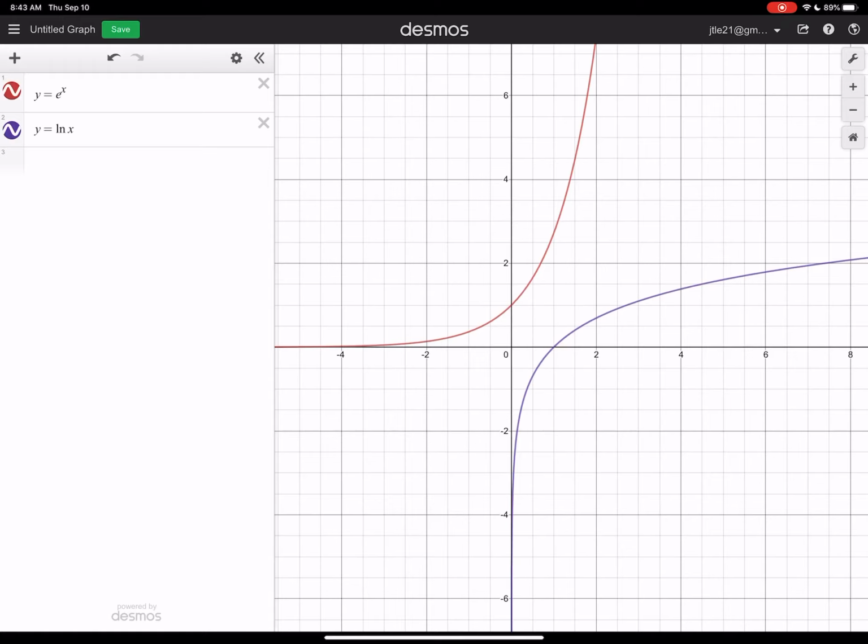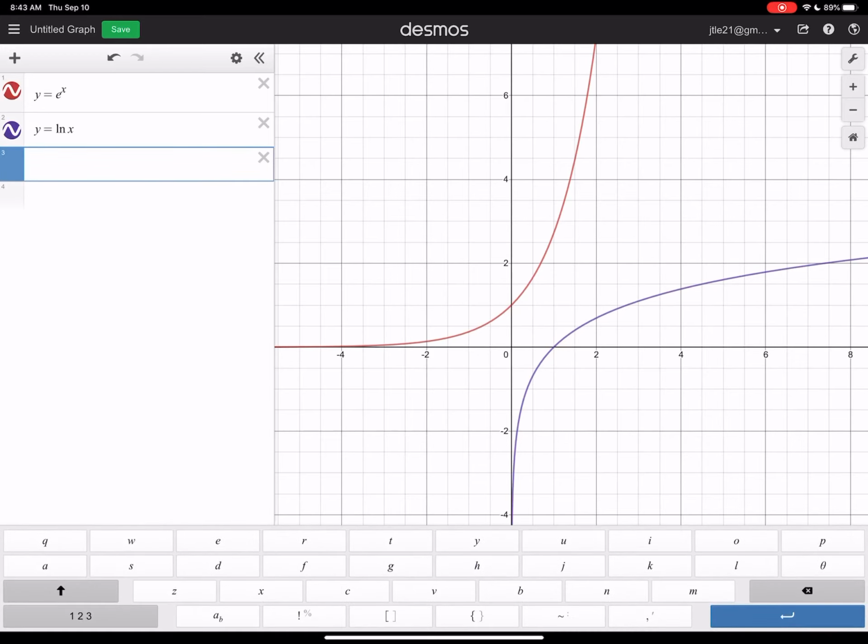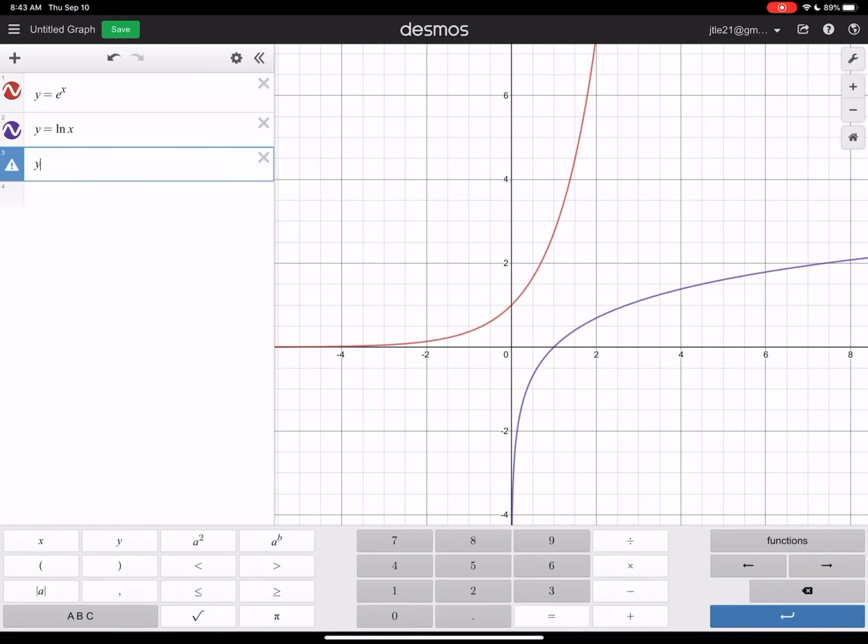So you'll notice that there's some type of symmetry here, where they kind of mirror each other. But the question is, where's this mirror? And you're probably thinking of some type of diagonal line, and it's actually y equals x.